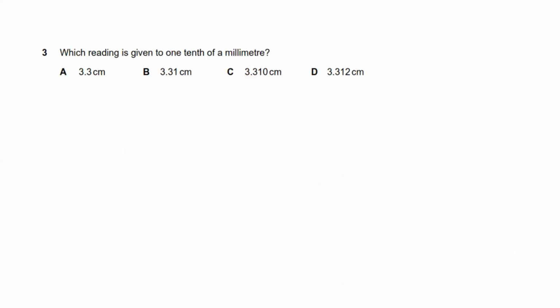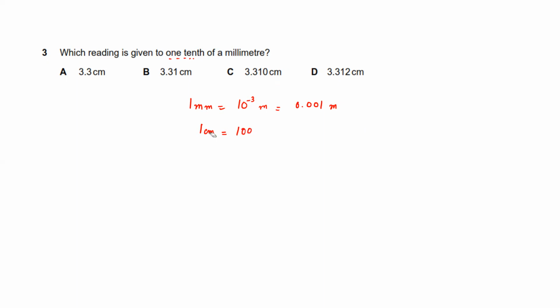Next question. Question number 3, it says which reading is given to 1/10 of a millimeter. Okay, so 1 millimeter is 10 to power minus 3 meters or 0.001 meters. So which reading is 1/10 of a millimeter, and all these readings are given in centimeters.